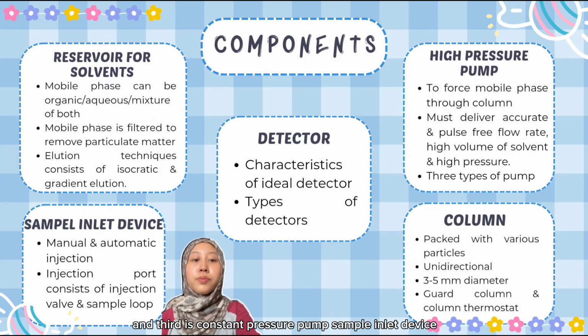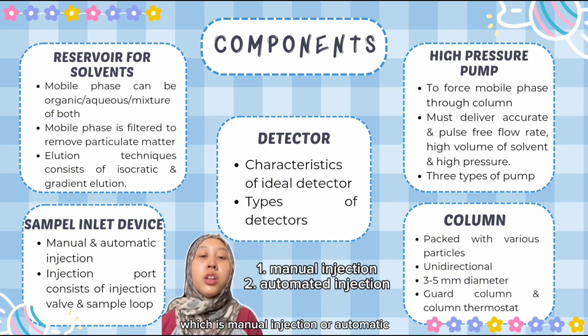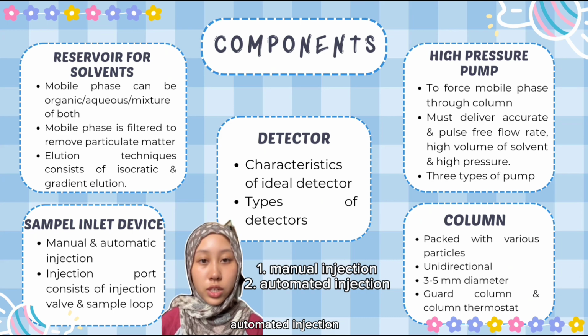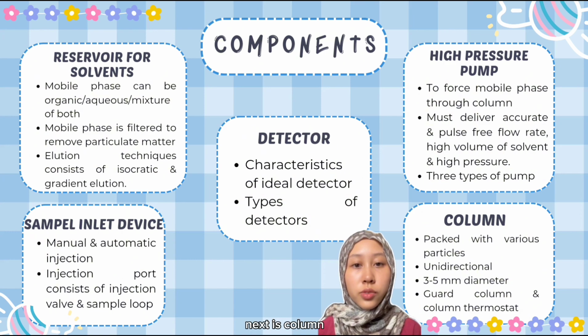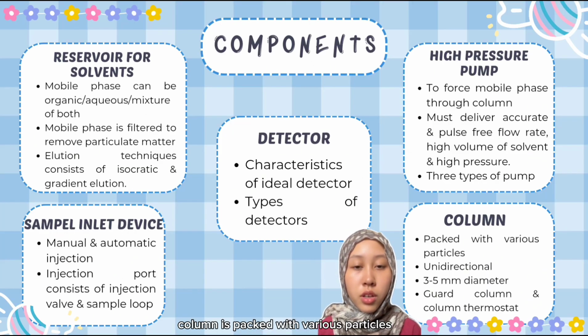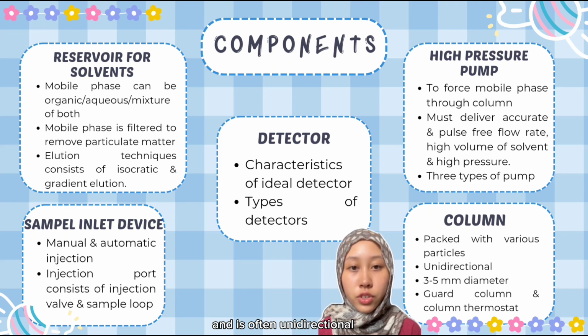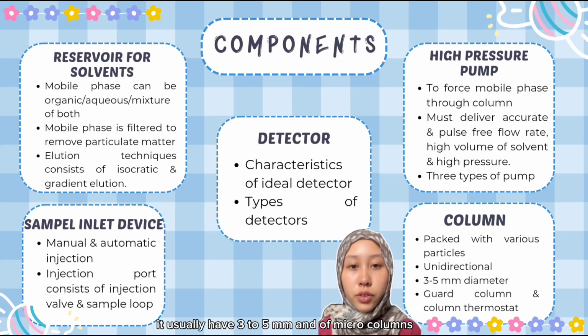Sample inlet device. There are two types of sample inlet device, which are manual injection or automatic injection. The injection part consists of an injection valve and sample loop. Next is the column. The column is packed with various particles and is often unidirectional. It usually has 3 to 5 mm diameter microcolumns.